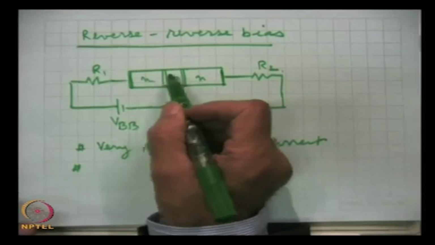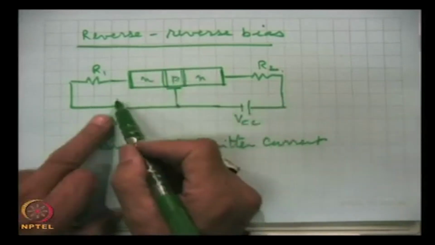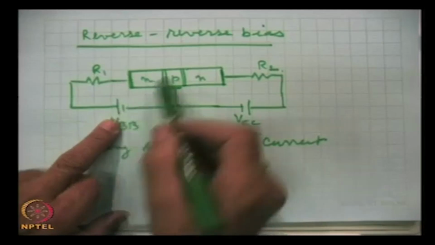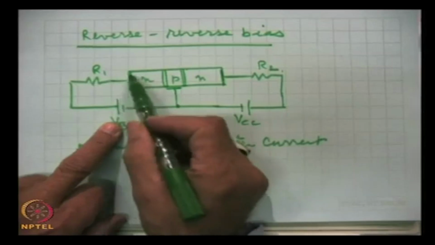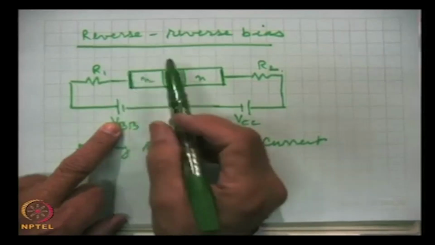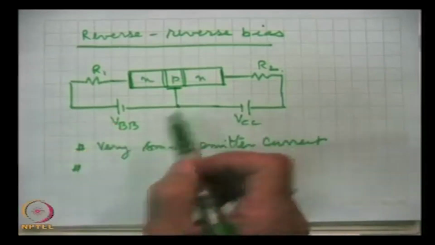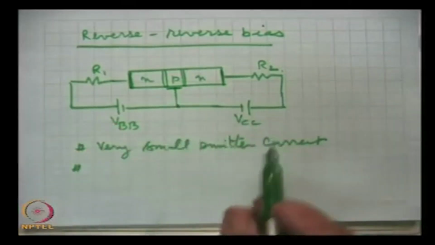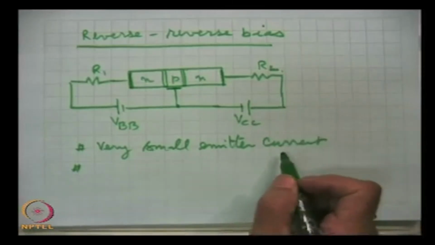They both will drift with the applied field. This is positive, so the electrons will be dragged towards this electrode, and they will constitute the current. So, very small emitter current.